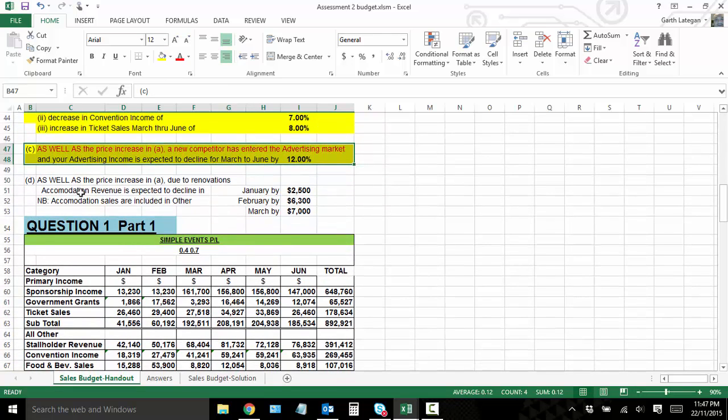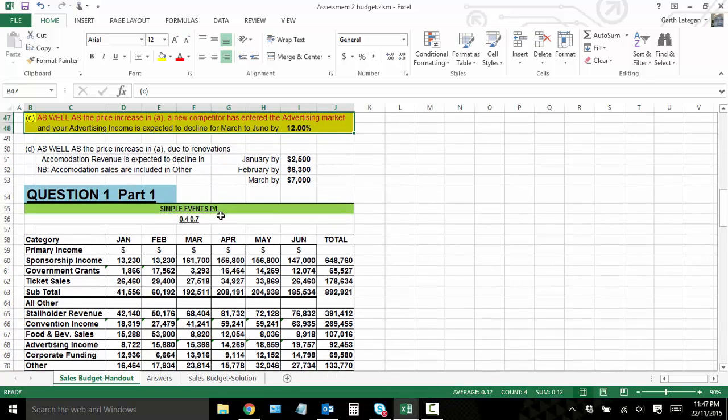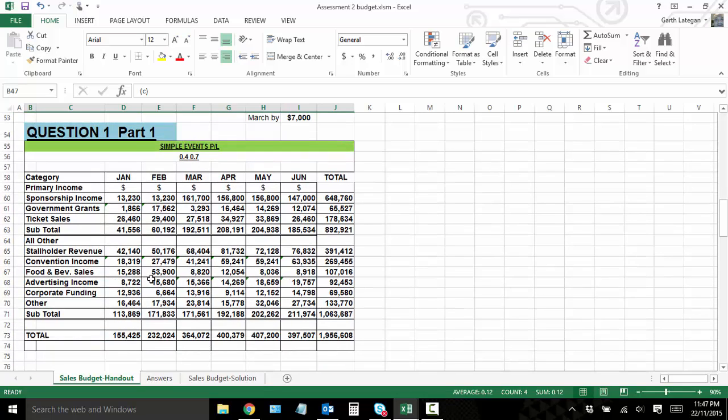As well as the pricing, accommodation revenue is expected to decline. January, February is going to decline. So equals, and because they're times, you have to put in brackets minus.